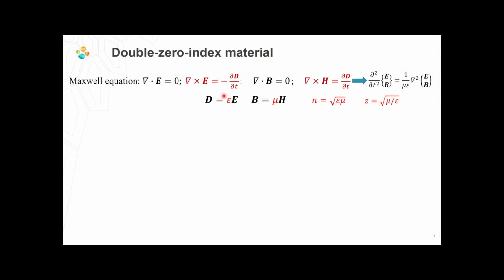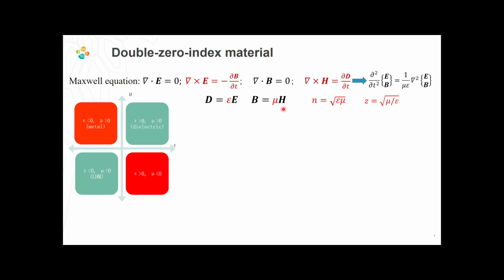We notice that there are material parameters characterizing the material, which provide the link between the displacement field and electric field, and also the magnetic fields. The refractive index is the square root of the product of them. And therefore, we can have this parameter space expanded by these two parameters.